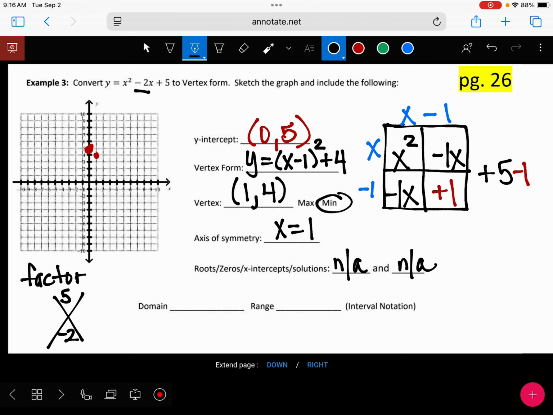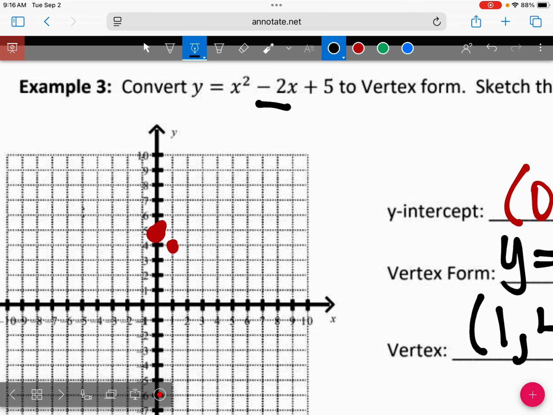Because remember that this is where the graph is doing the U-turn. This graph is going to come down. When it hits that vertex, it's going to turn back around and go back up. So this graph never comes down far enough to have an x-intercept.